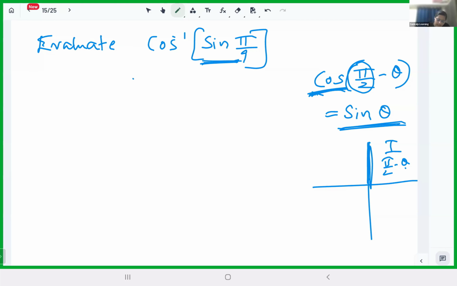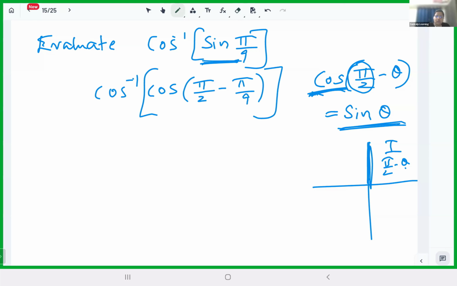All right. Similarly, sine pi by 9 can be written as cos inverse of cos of pi by 2 minus theta, where I am going to take theta as pi by 9.